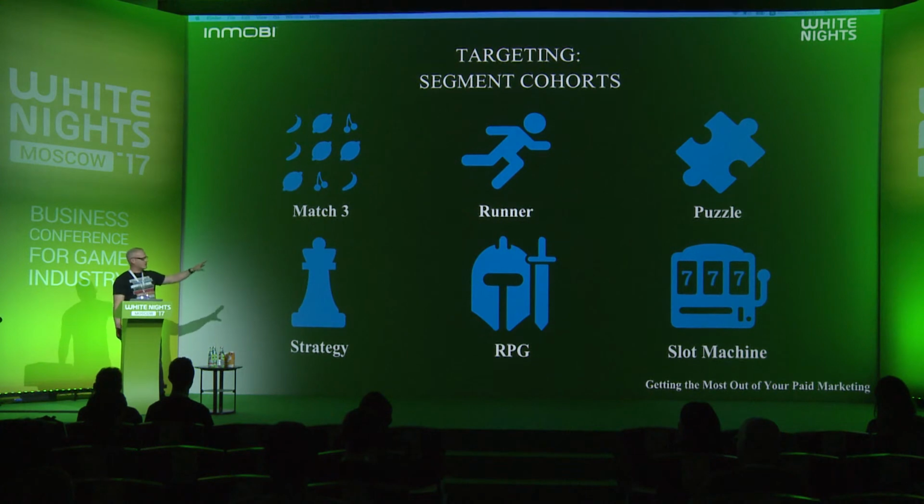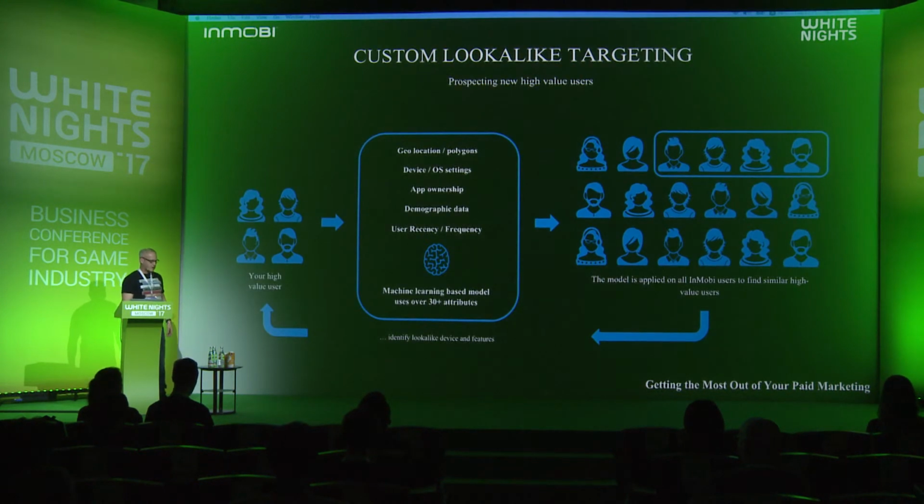And when you're running on cohorts, you can run agnostic. You can run on any publisher. You're just trying to find these cohorts of users. And most ad partners would have built out network-level cohorts which are relevant to the type of game that you're looking to grow. Now, that's basic targeting, common sense.